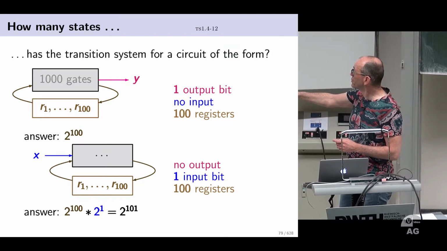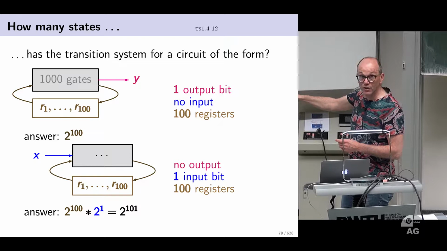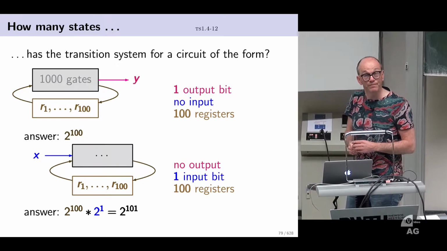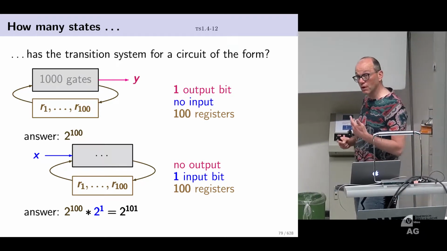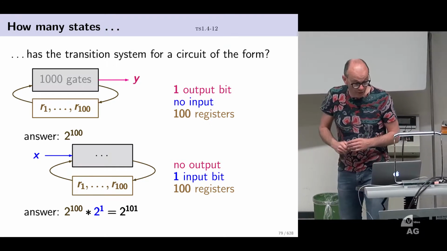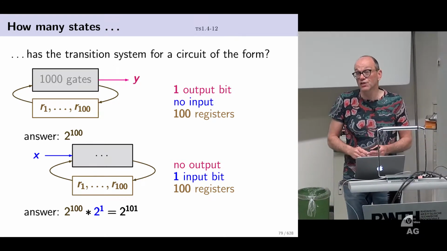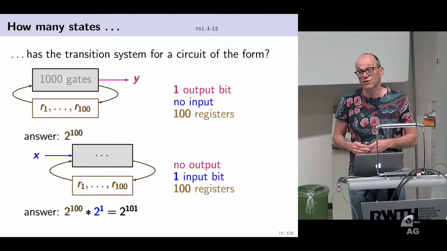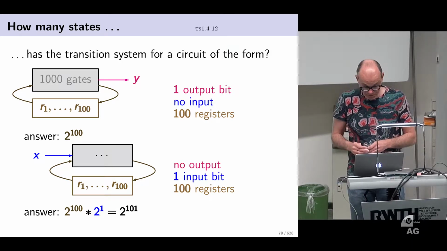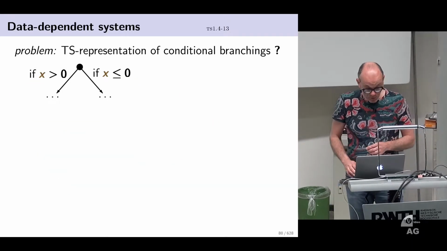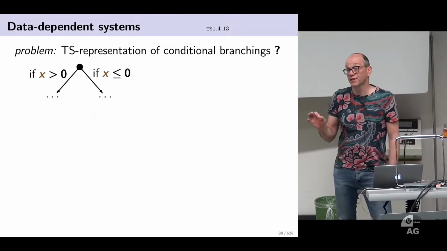We have 1 input, and the input is either true or false. So it's the number of registers and the number of inputs that is decisive for the size of the transition system. Good. That was my first example.